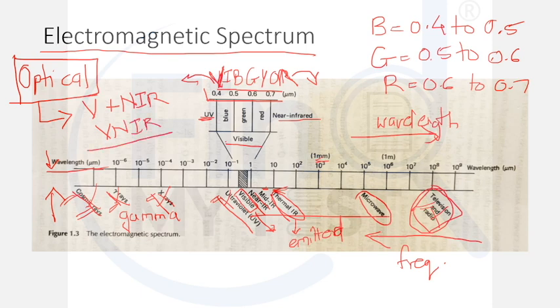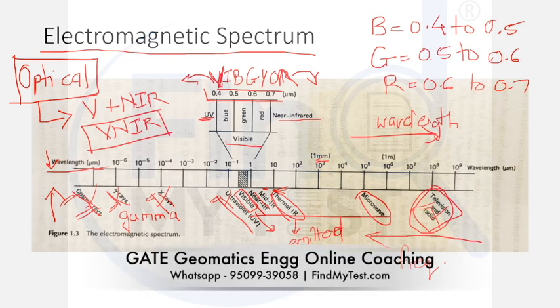These are the most commonly used bands for remote sensing, that is the visible bands RGB and the NIR band, that is the near infrared band. So this is the electromagnetic spectrum. I will be elaborating more as we move forward. This is the basic of the electromagnetic spectrum.